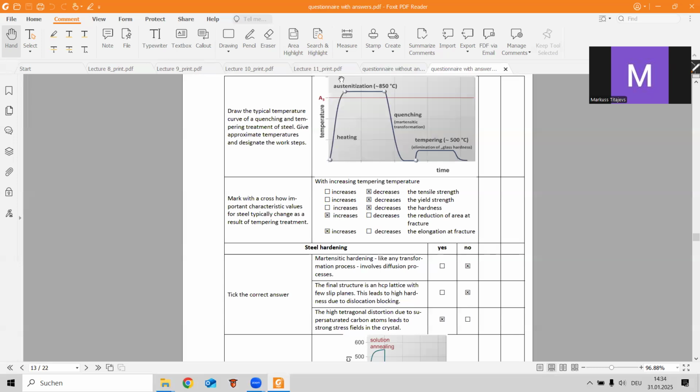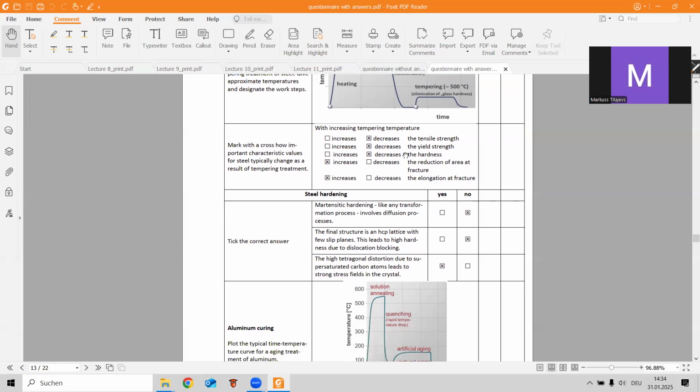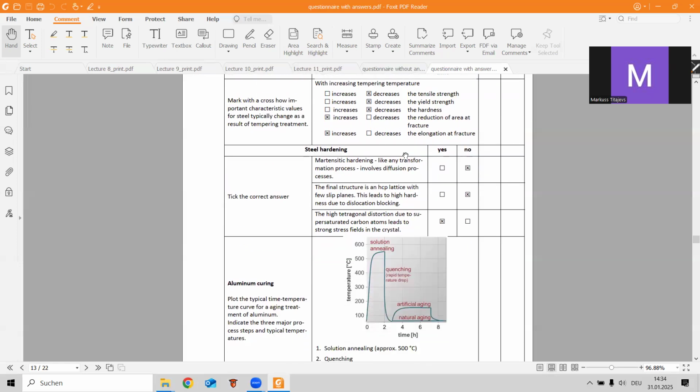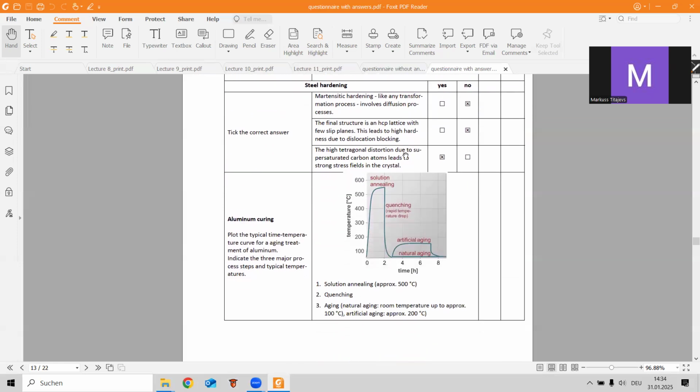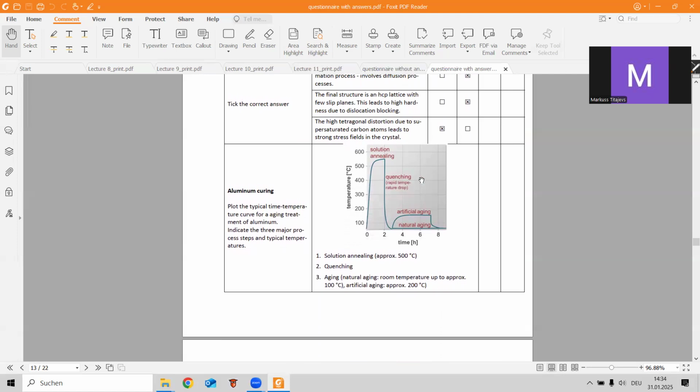Annealing, heating, crystallization, quenching, martensitic transformation, and tempering. Annealing, quenching, rapid temperature drop, artificial and natural aging.